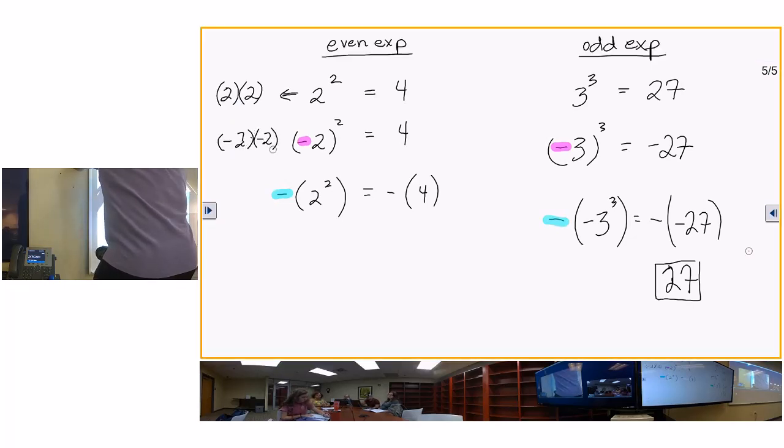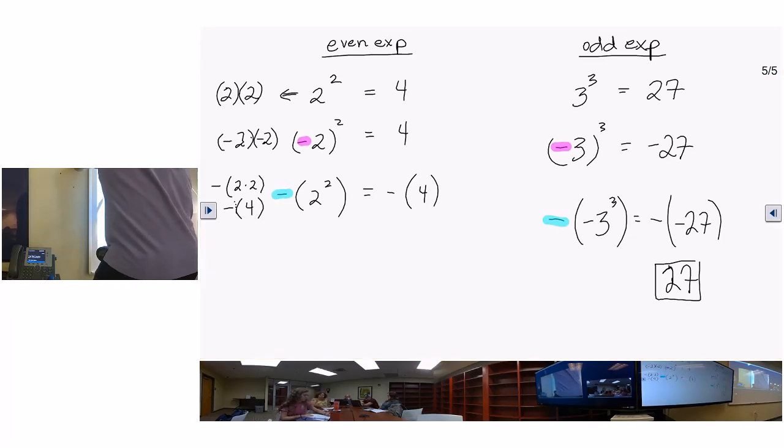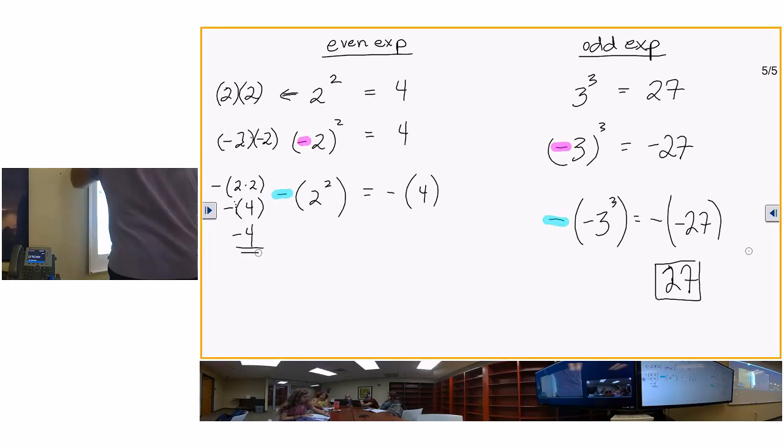Negative 2. What's negative 2 times negative 2? Positive 4. This is negative parentheses 2 times 2, and that is negative with 4 in parentheses. And what's negative 1 times 4? Negative 4.